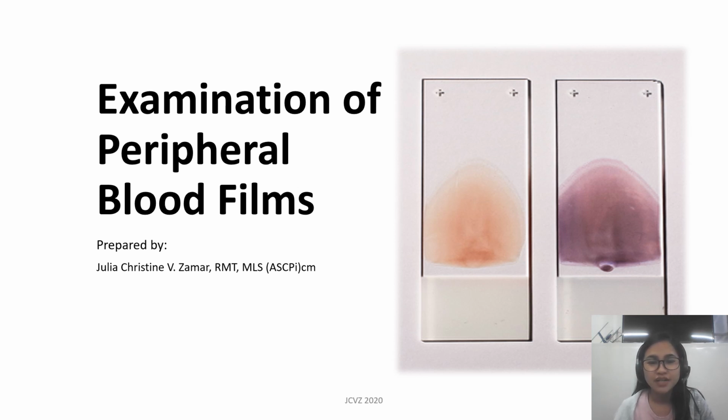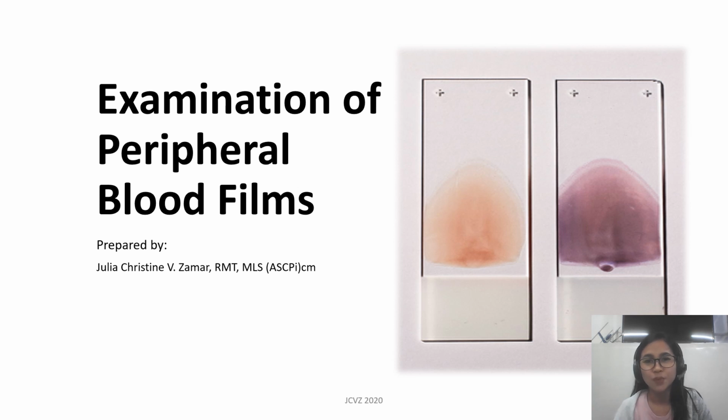Our peripheral blood films are one of the important laboratory procedures inside the hematology laboratory because in cases wherein our machines break down in the middle of processing a specimen, we can have a backup procedure in the form of peripheral blood films.